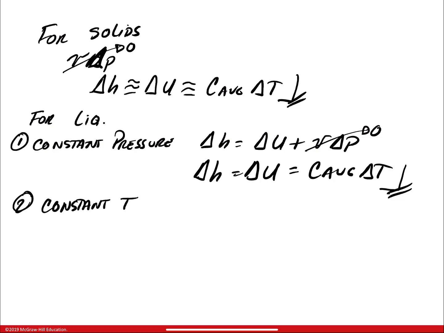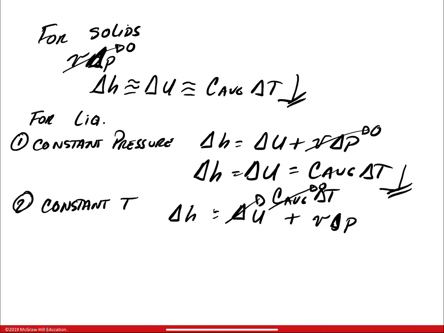And then we have another case, which is constant temperature. Delta H equals delta U plus v delta P. Delta U equals what? C average delta T. So if the temperature is constant, this now becomes 0.